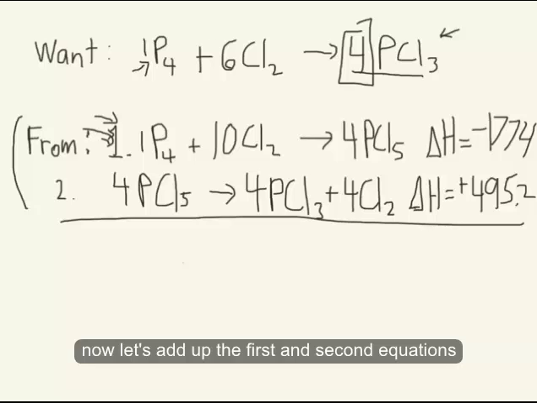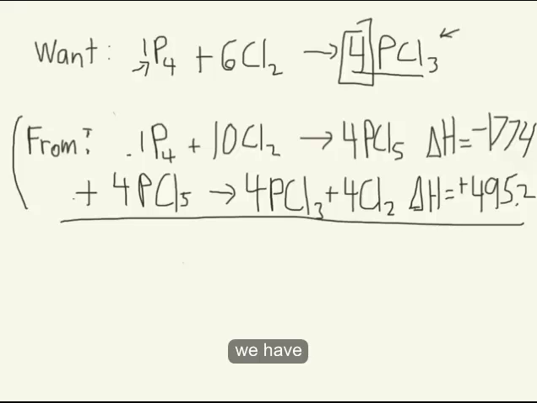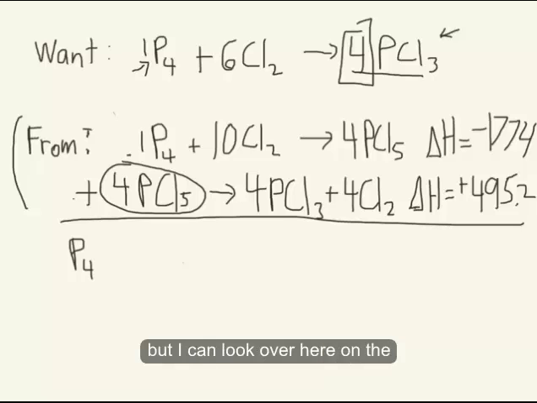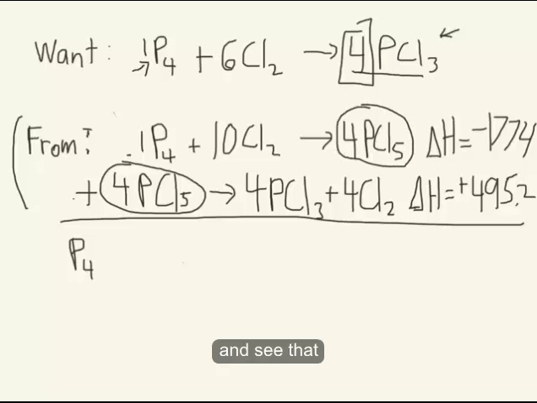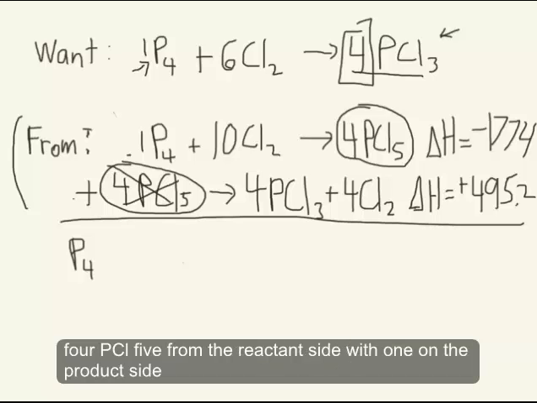Now let's add up the first and second equations. We have P4 on the reactant side, and we're going to have 4 PCl5, but I can look over here on the product side and see that we can cancel out 4 PCl5 from the reactant side with one on the product side.